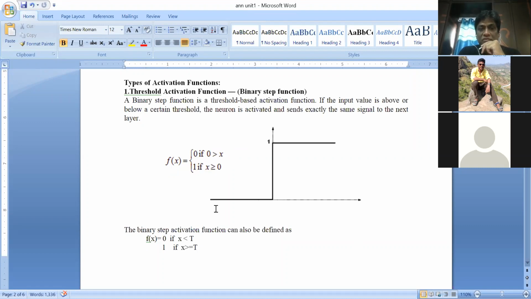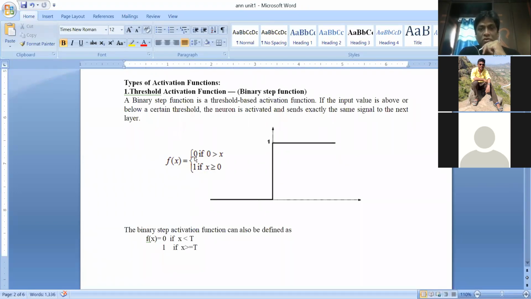Sometimes we may choose a threshold value t for defining this threshold activation function, and we can define it like this: if x is less than t instead of 0, then the output of the activation function will be 0. If x is greater than or equal to the t, which is selected by us, then the output will be 1.